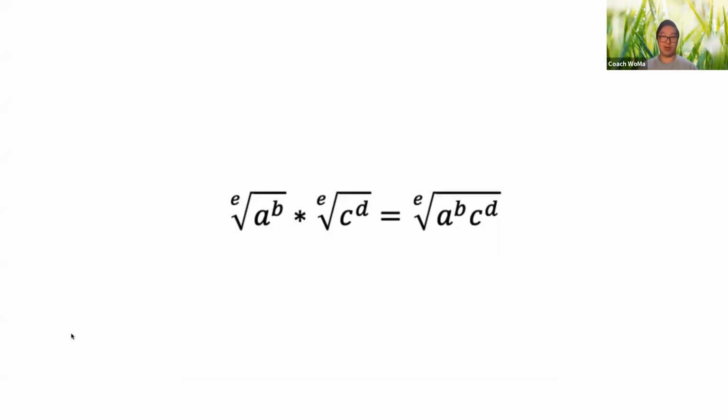So you'll have a square root or whatever root of things multiplied together, and you can always split them out and multiply. This is just something to realize, and this will come up a lot in the questions that you'll be doing. Cool. So I think that's it for the rules.